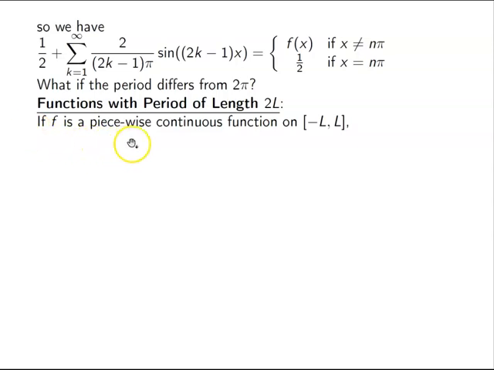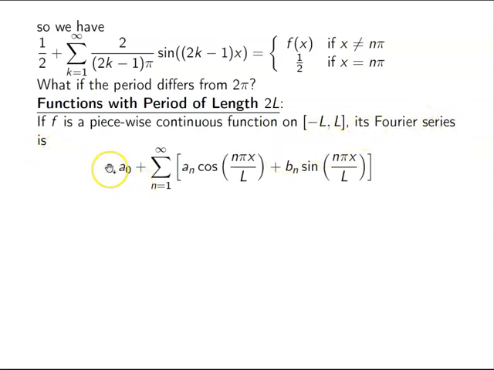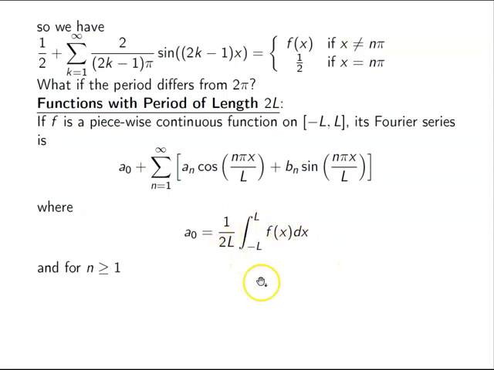So if f is a piecewise continuous function on the interval from negative L to L, so we got two L's there, its Fourier series is a naught plus the sum from 1 to infinity of a sub n cosine n pi x divided by L, so it's changing the period so that it's a period of L, and b sub n sine n pi x over L. A naught, instead of 1 over 2 pi, is 1 over 2L, integral from negative L to L of f of x.